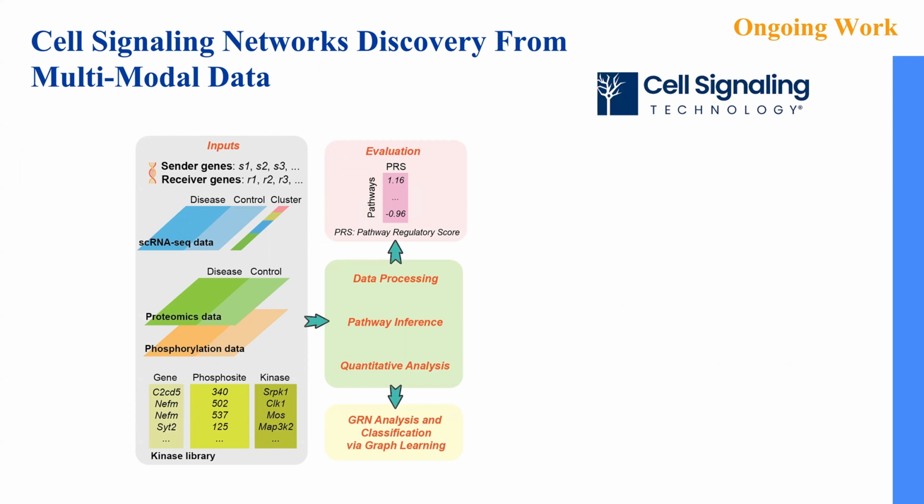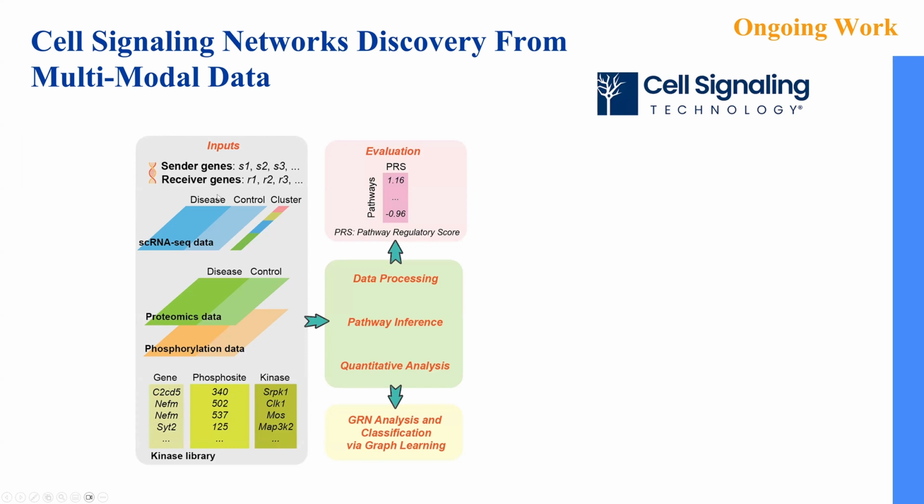Usually we prefer marker genes. Of course, you can throw all the genes in the data, but it will give your computer a hard time. Then we have single-cell data, proteomics, phosphorylation, and the kinase library, which has kinase information, for example, for each gene at a given phosphorylation site, which kinase can phosphorylate this substrate.